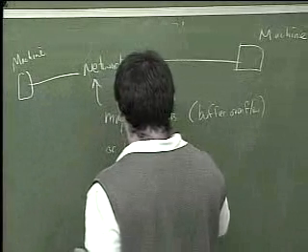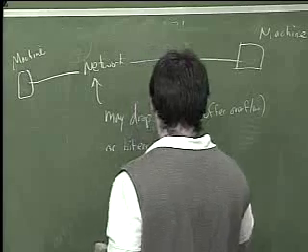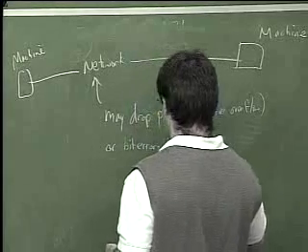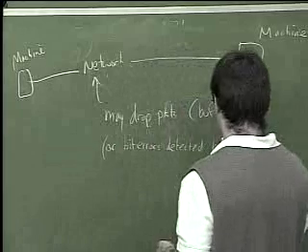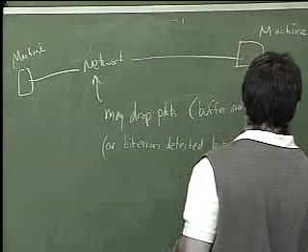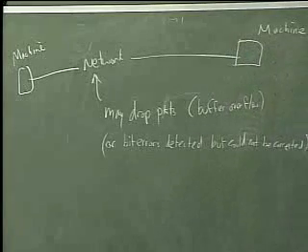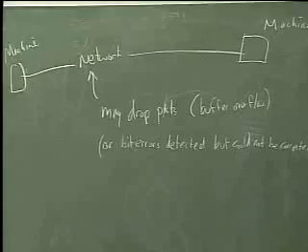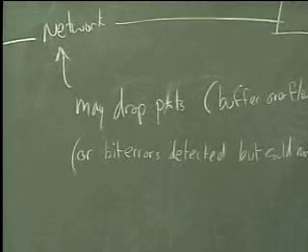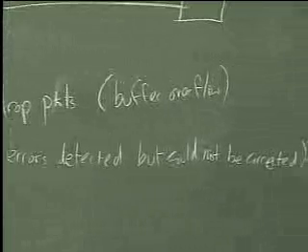bit errors detected but could not be corrected. Right? Remember, we talked about coding. Sometimes you can correct some bit errors. Sometimes you can detect them, but your code isn't smart enough to correct them.